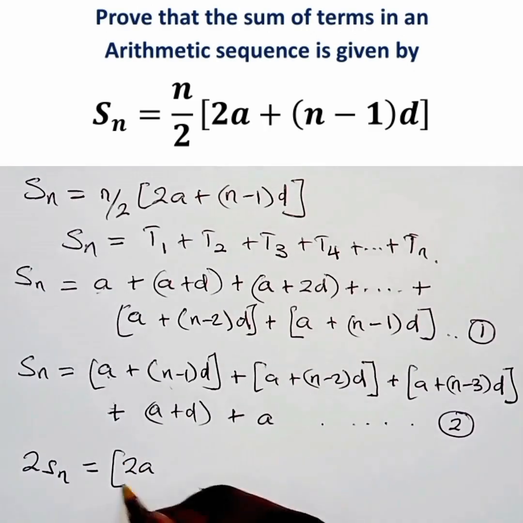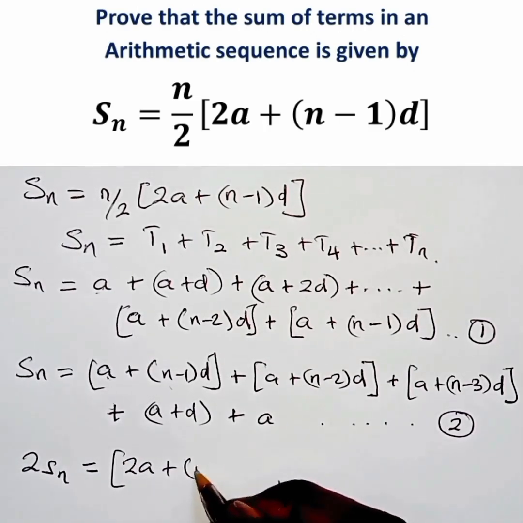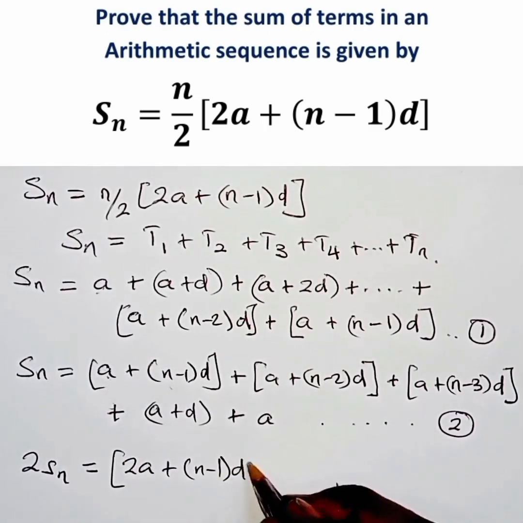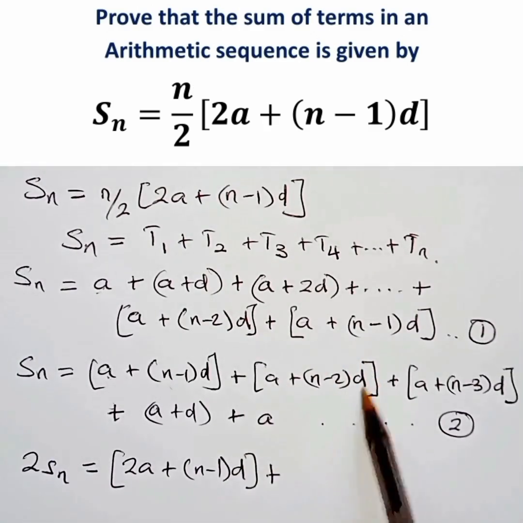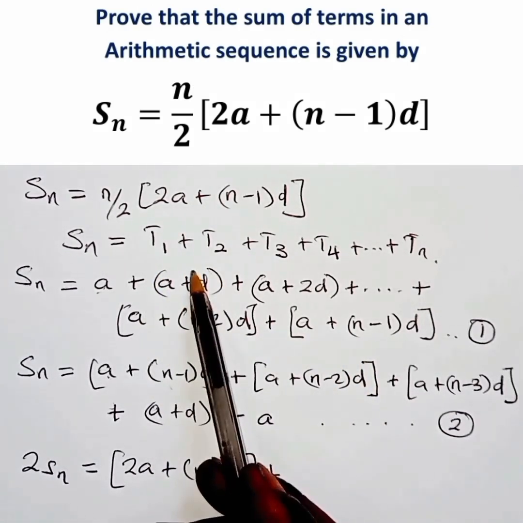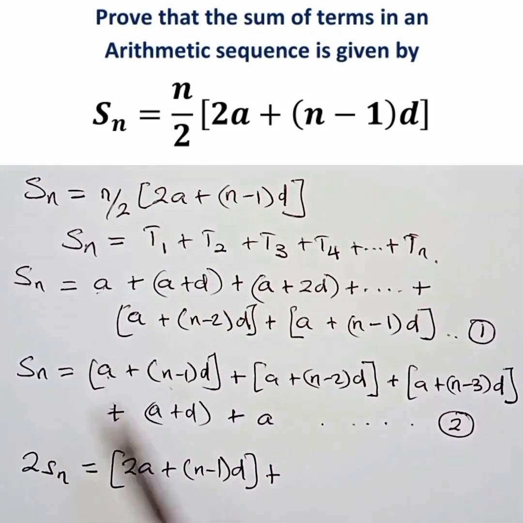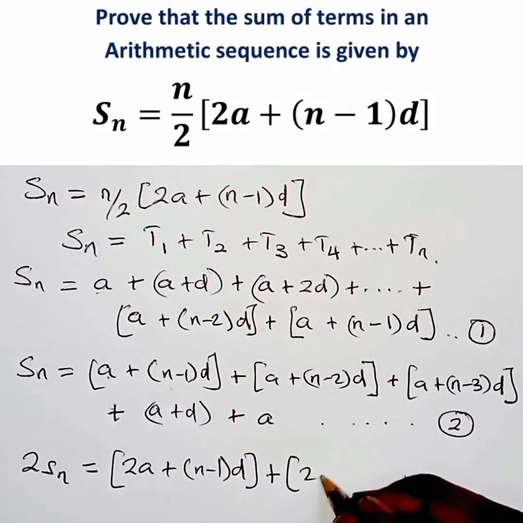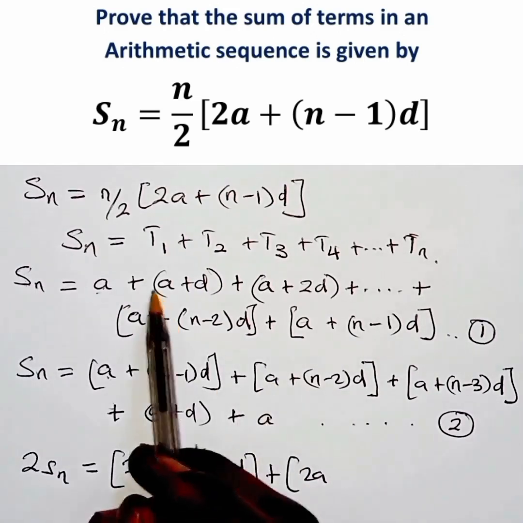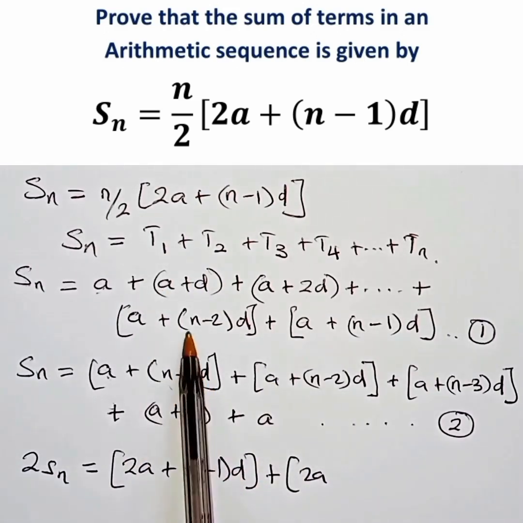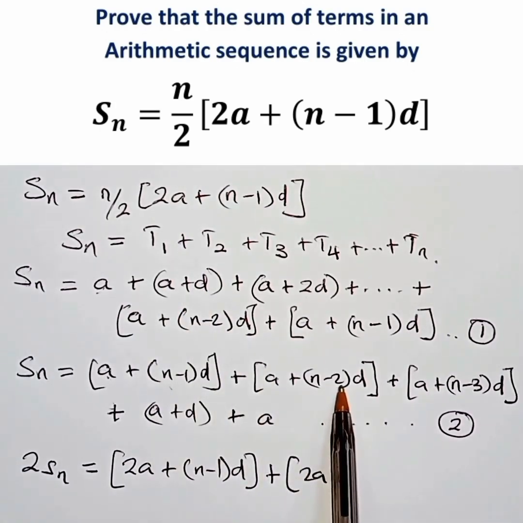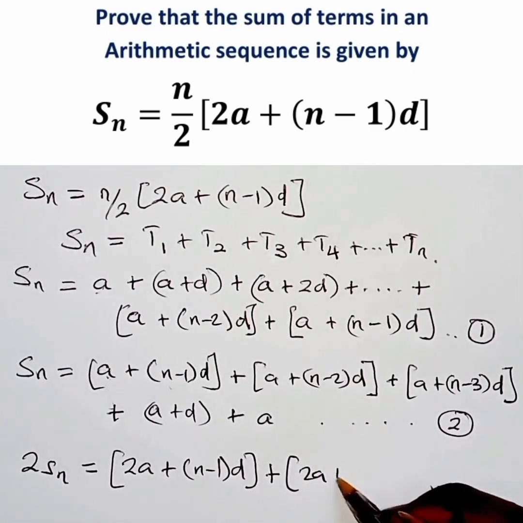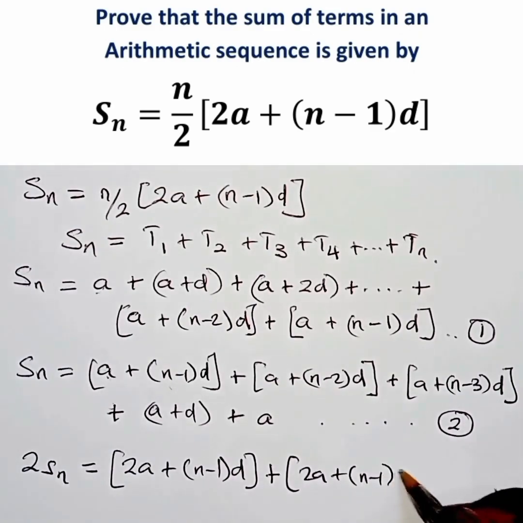Then (n minus 1)D follows. Then I'll do the same thing on this term and on that term. So I'm adding corresponding terms. So I will have 2A because of this A plus that A. And then I'll have plus D, but here I already have a minus 2D. So I'll have a minus D there. So that will give us plus (n minus 1)D.